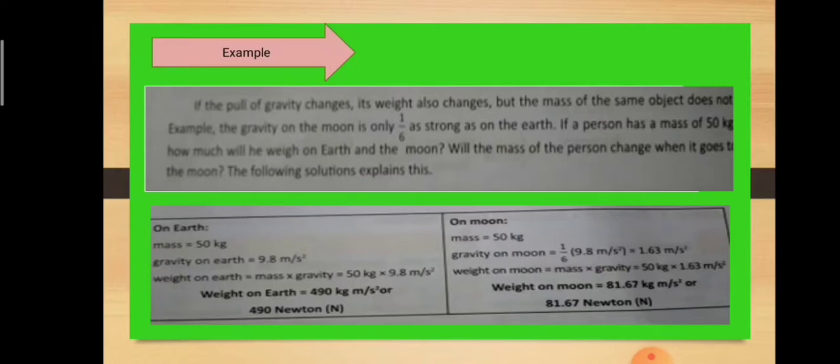So the formula is weight is equals to mass times gravity. So let's substitute the 50 kg times 1.63 meter per second squared is equals to 81.67 kilogram meter per second squared or 81.67 Newton. So that is the example.